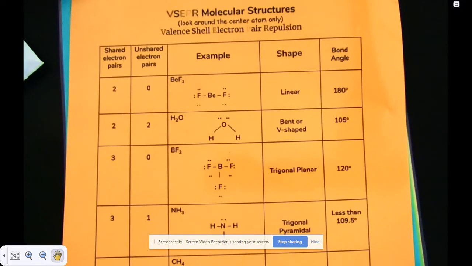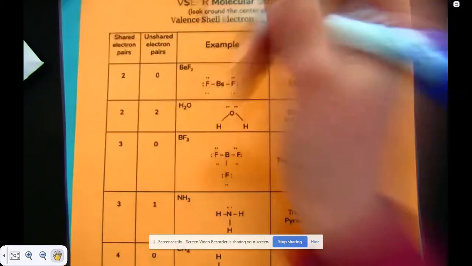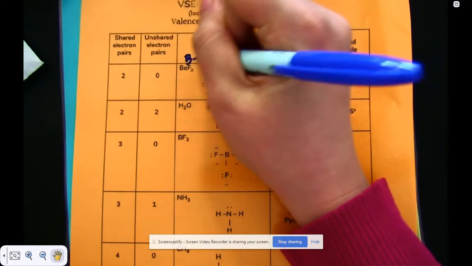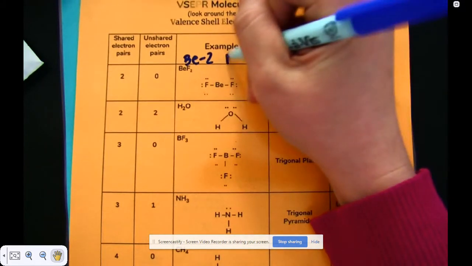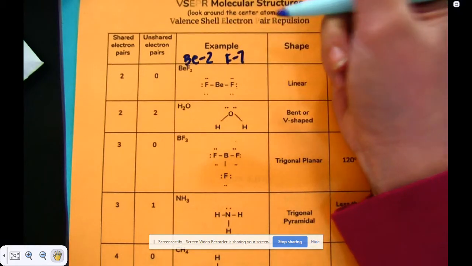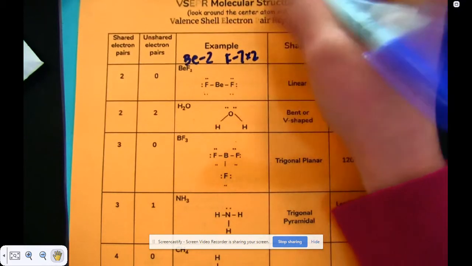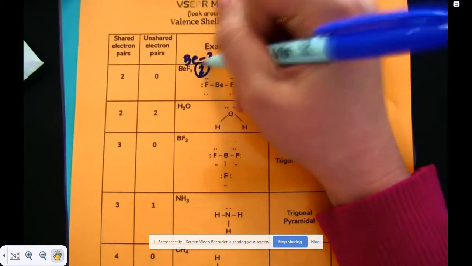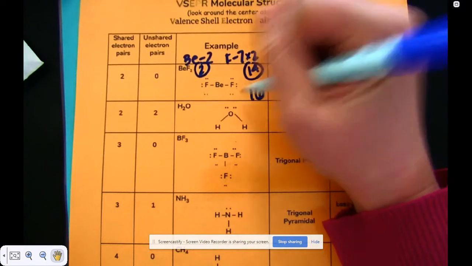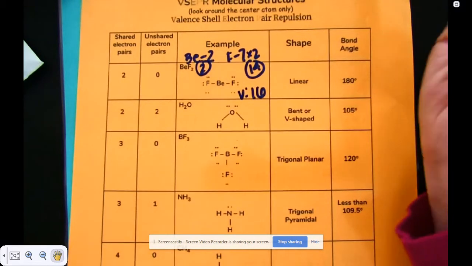Fluorine has 7 valence electrons, and there are 2 fluorines, so that's times 2. This would equal 14 valence electrons plus 2, so a total of 16 valence electrons.